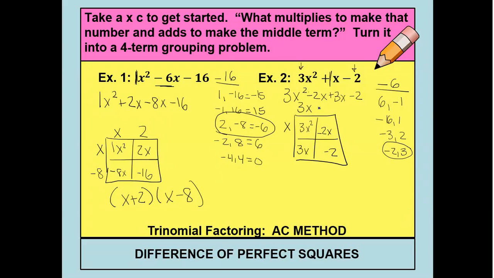These guys share a negative 2. And then these share absolutely nothing, but they do share a 1. So I got my factors of x plus 1 and 3x minus 2. And I have factored my trinomial. Trinomial means you have 3 terms, just in case you were unsure of what that meant.